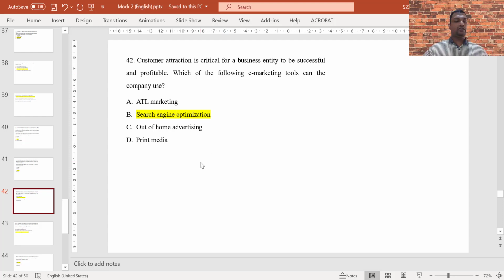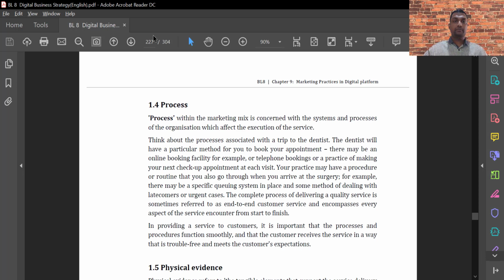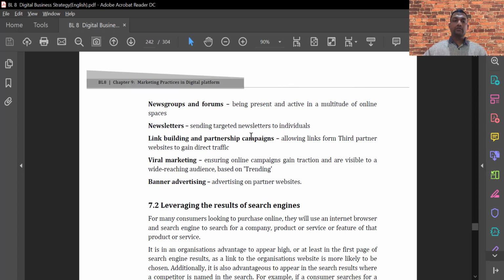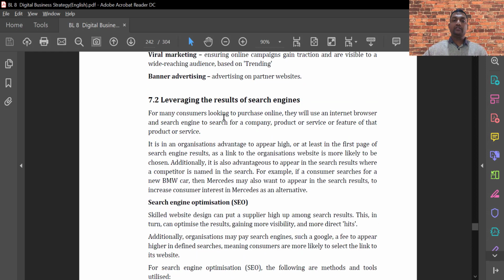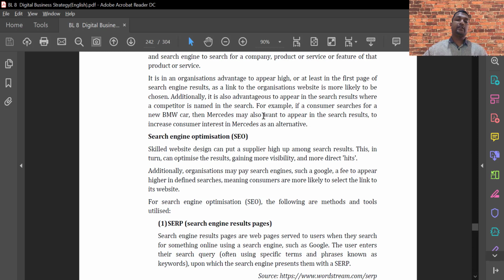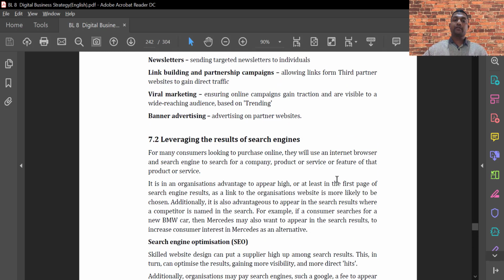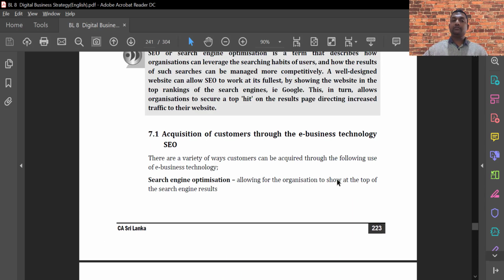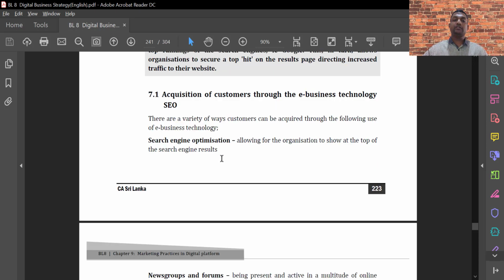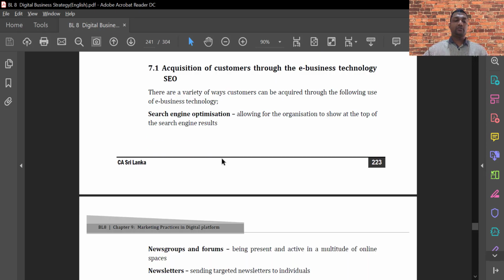Let's look at how this is discussed here. Leveraging the results of search engines, under that you can clearly find these technological things, for example acquisition of customers through e-business technology, so search engine optimization.